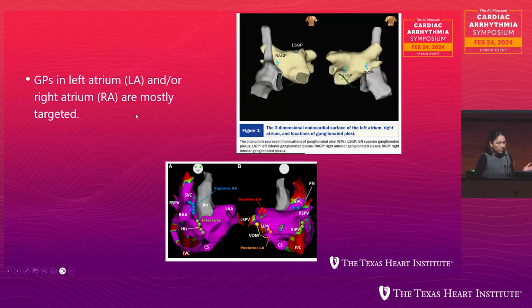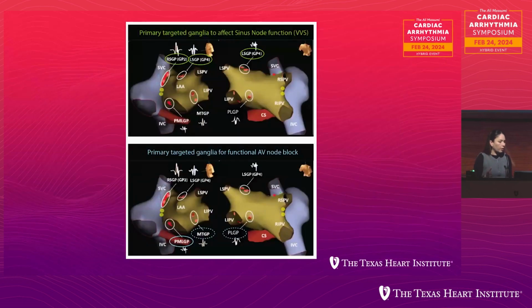So GPs, of course, we can ablate from the left atrium and the right atrium. And there are anatomic approaches, of course. If you look at all of these anatomic places, those are the places where you want to go and put your catheters and look for certain characteristics.